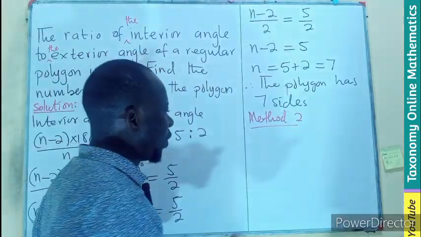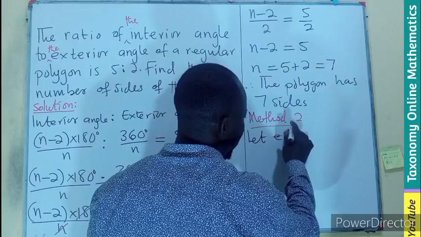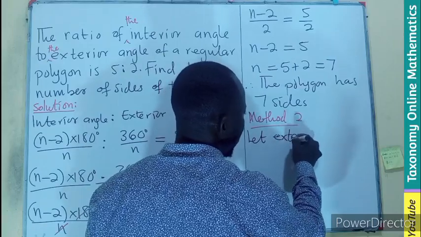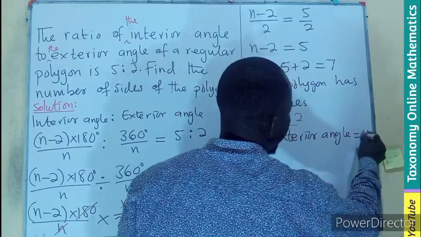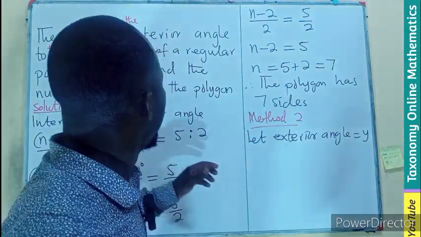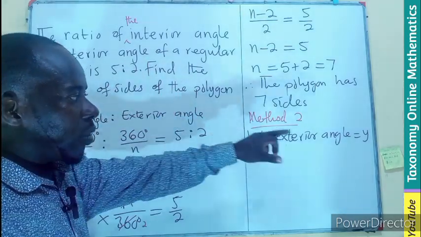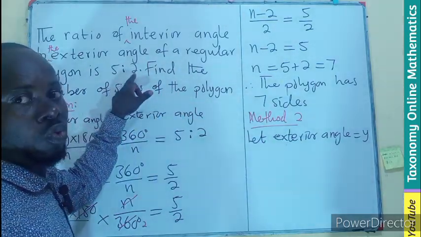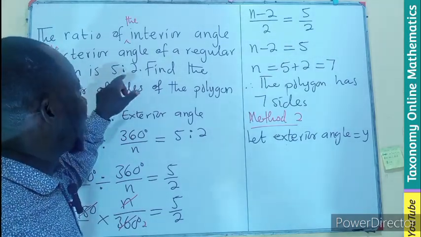So here what we do is that we let the exterior angle be equal to a variable. So if the exterior angle from the ratio corresponds to 2, y corresponds to 2, therefore the 5 will be bigger than the 2.